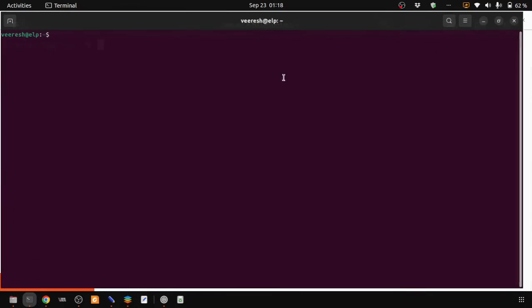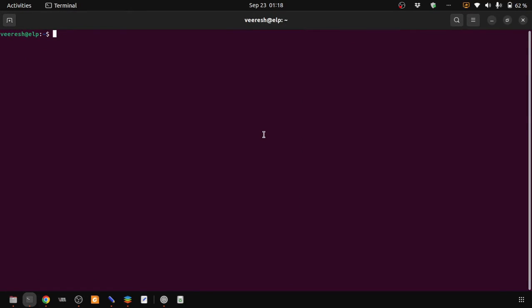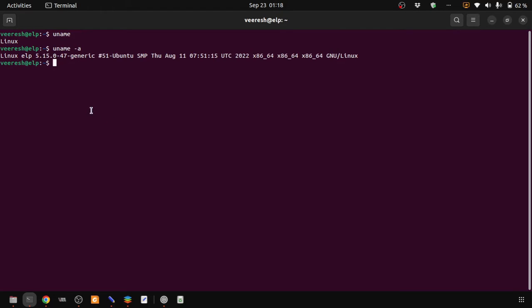There's a command to check what kernel it is using. The command is uname. If you say it, it says Linux, and if I say -a, it actually gives the complete information. So it is Linux, and the host is ELP, and the version of Linux that it is running, the kernel version basically.